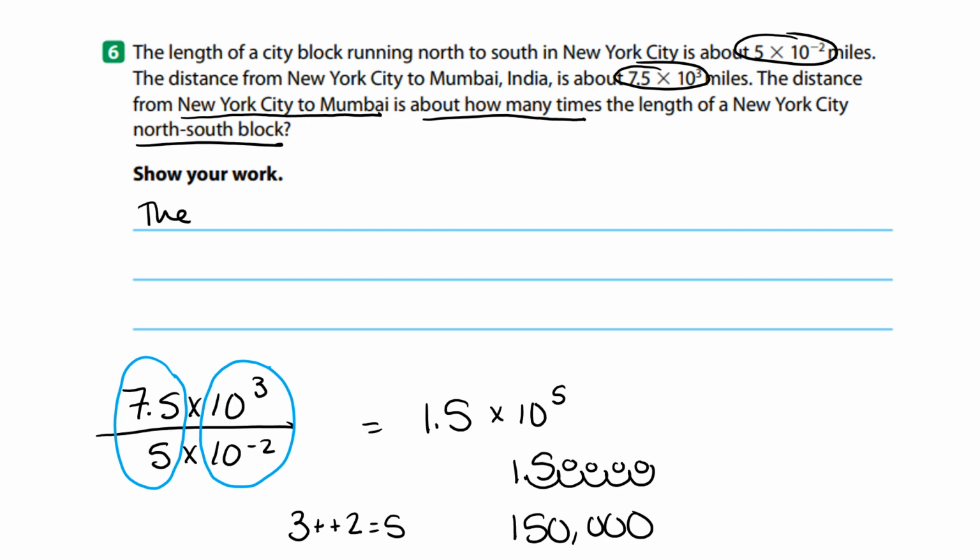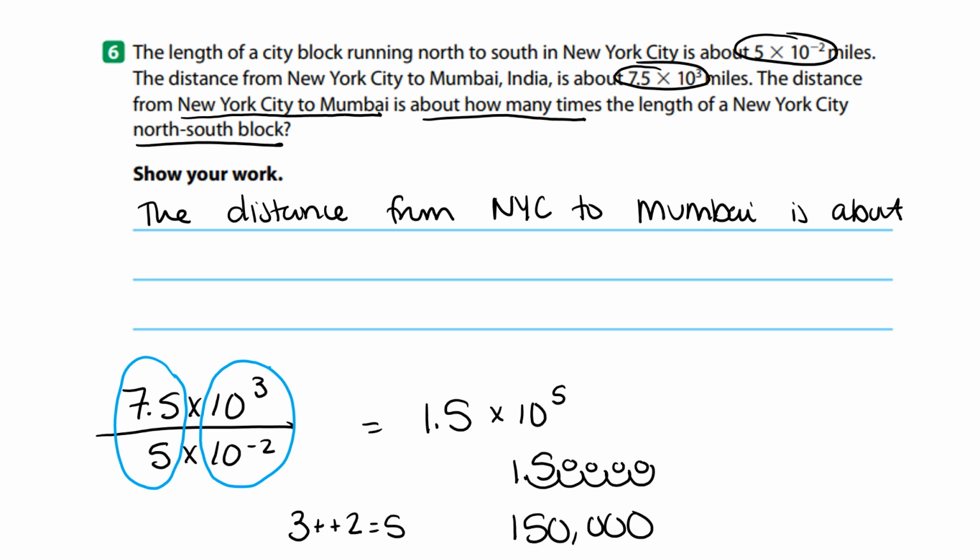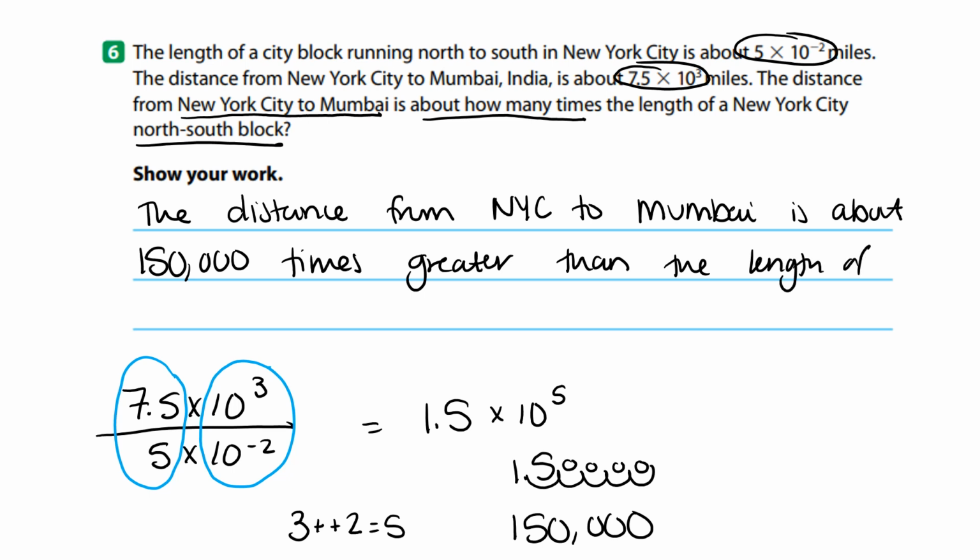So we can write out our answer. The distance from New York City to Mumbai is about 150,000 times greater than the length of a New York City block.